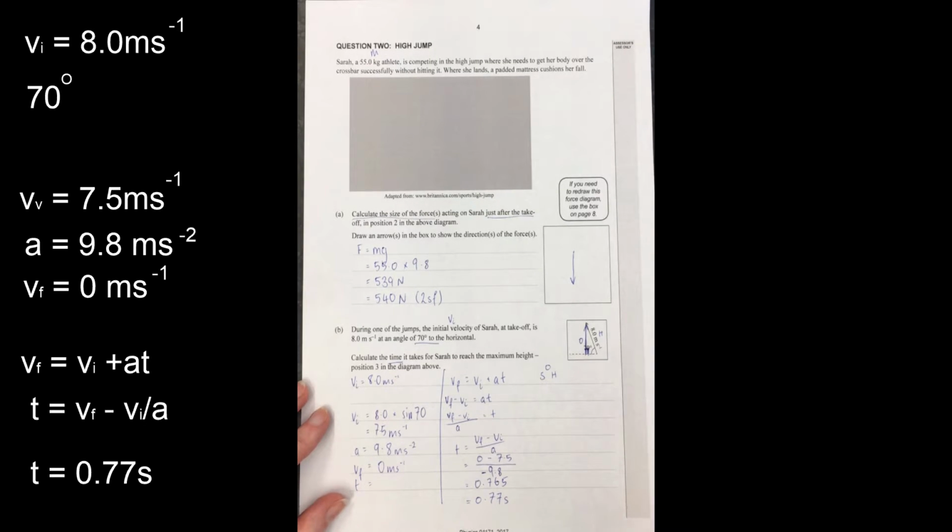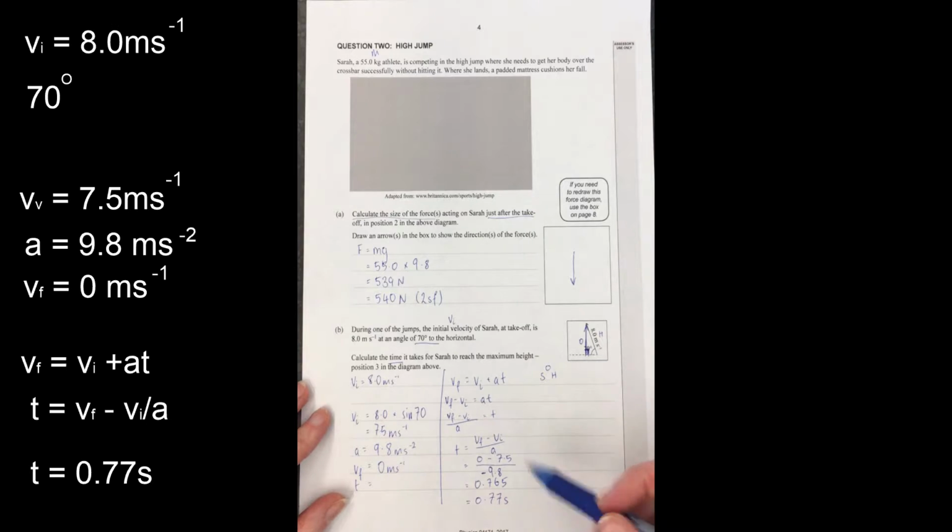Now, you'll notice that 0 minus 7.5 would actually be negative 7.5, okay? But what we have done is there's actually also a negative here. So that's telling us the direction of our acceleration. Remember that negative has two functions in physics: it's a negative number, or it's telling us a direction.